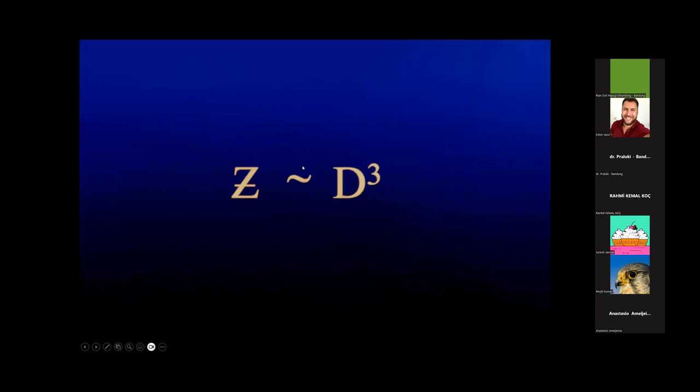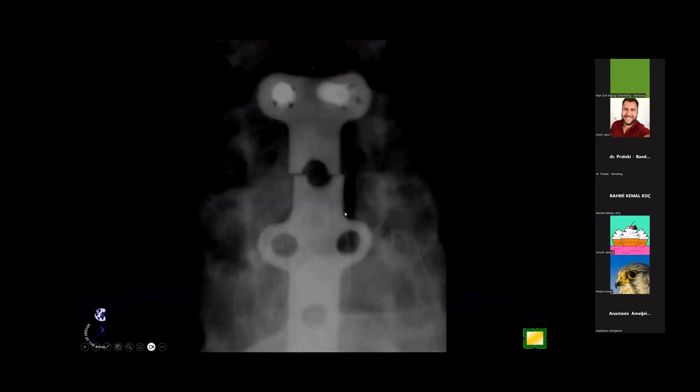My last concept here has to do with strength, which is proportional to the third power of the diameter of a rod, and stress, which is equal to the bending moment over the strength. Implants always fail at the point of maximum stress application.